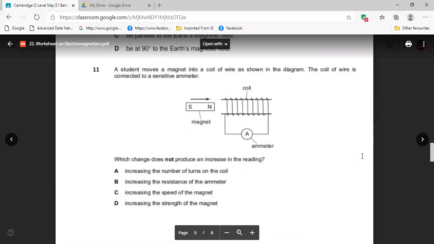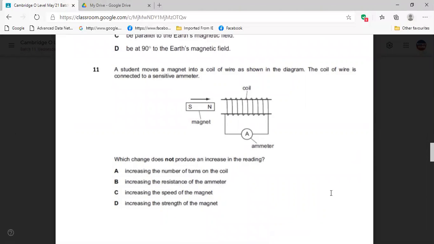So D, speed of the magnet. Actually, this one you will understand more in the next topic.